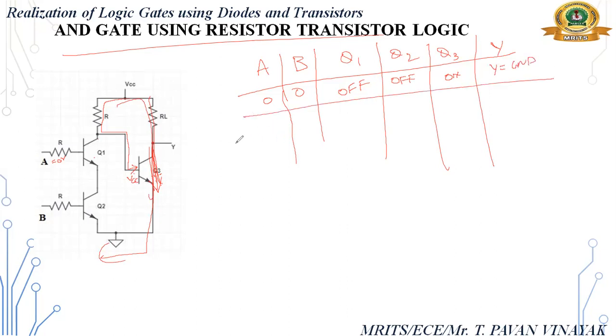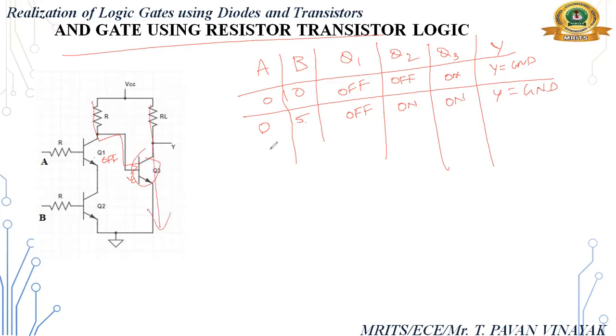Next, I am giving 0 volts and 5 volts. So this will be off, Q2 will be on. This is off means the power supply goes to here. So Q3 is on. So Y is equal to ground.